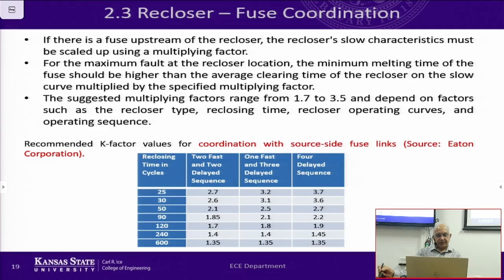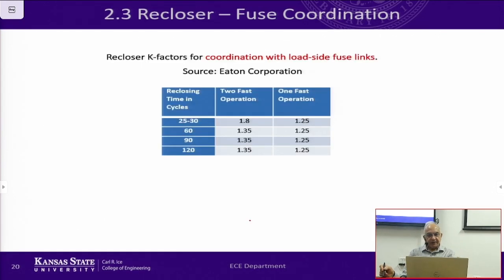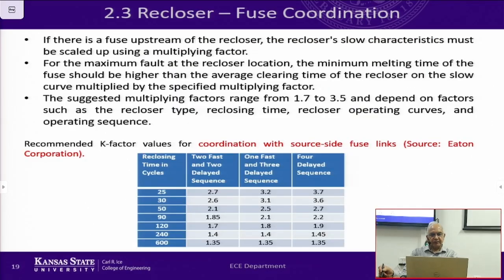So these are kind of empirical values that the manufacturers provide, and these numbers came from Eaton Corporation, that is a manufacturer of reclosers. And then this one is the K factor for load side fuses, and this one is for source side fuses. So both sides you have to have different numbers.